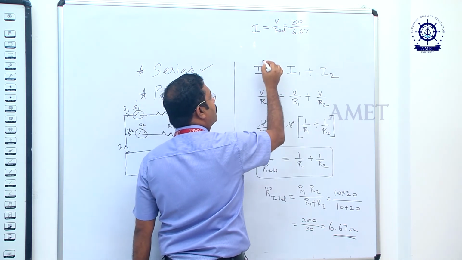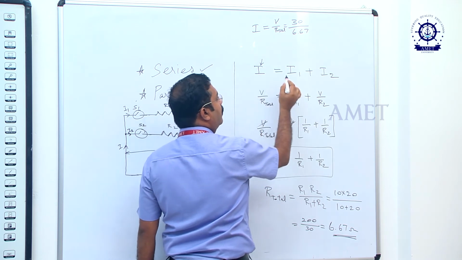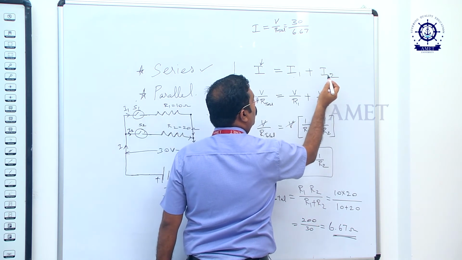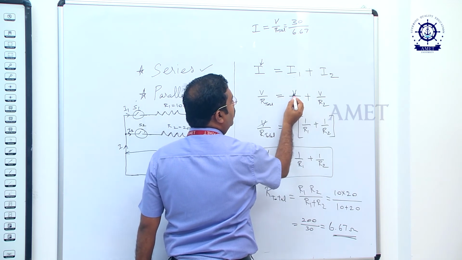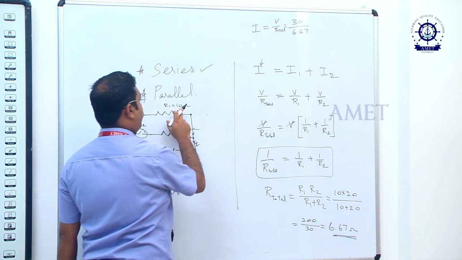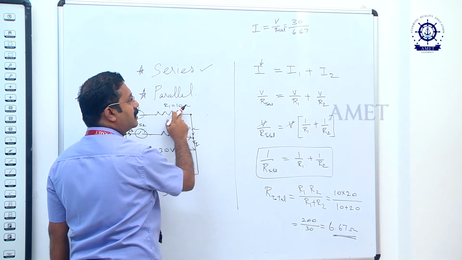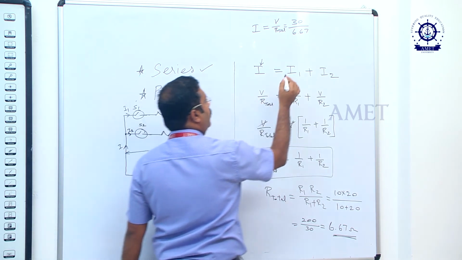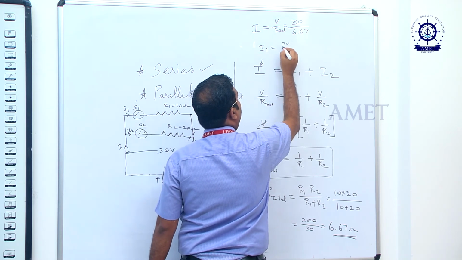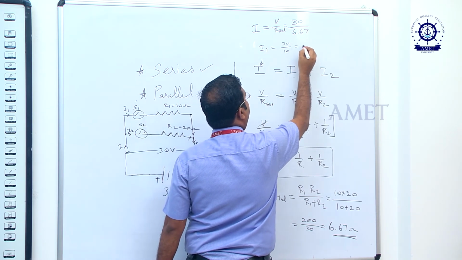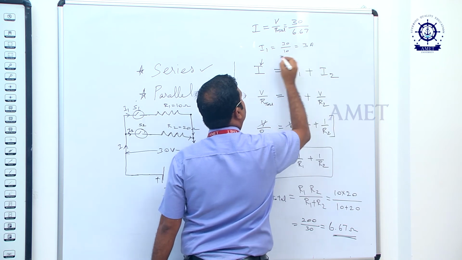Substituting it over here, we find I1 and I2. For finding I1, you use 30 divided by 10, which is 3. I1 is equal to 30 divided by 10, which is 3 amps.